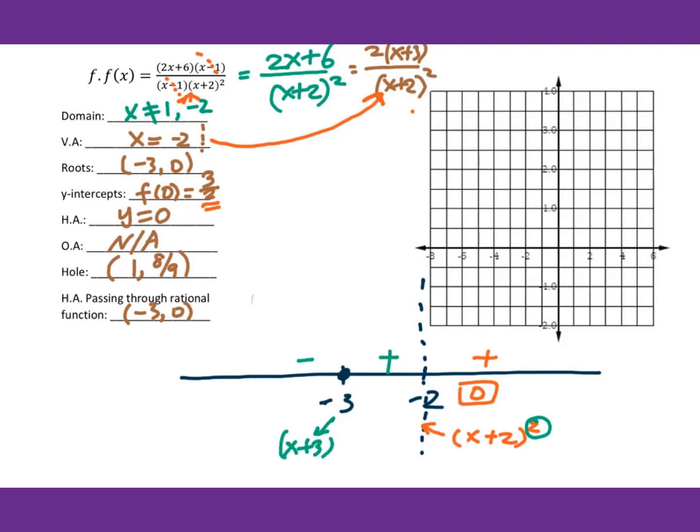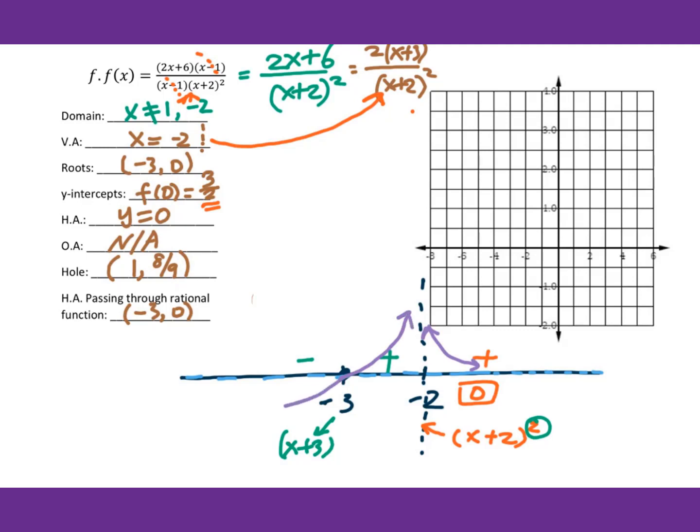Now let's sketch a horizontal asymptote line. That is y equals 0, which means the x-axis. This interval is positive, that's why the graph goes like this, above this x-axis. And positive over here, go this way.